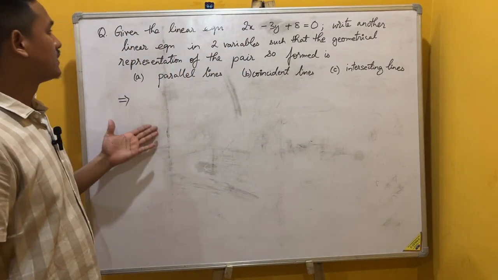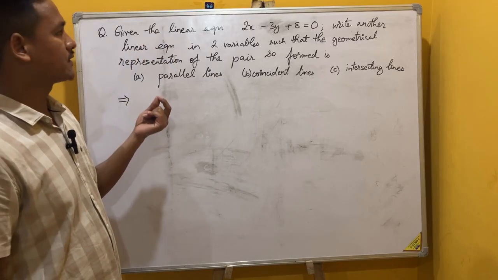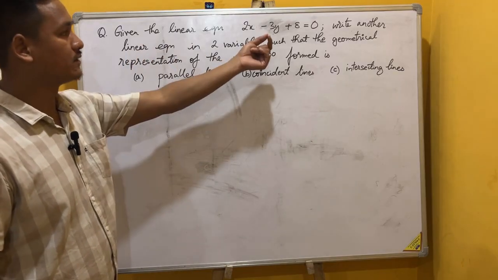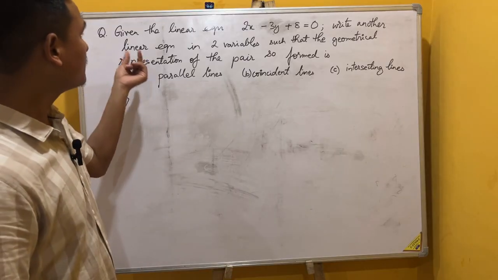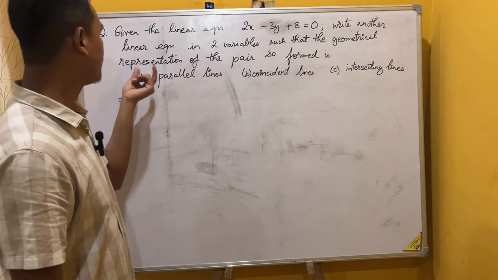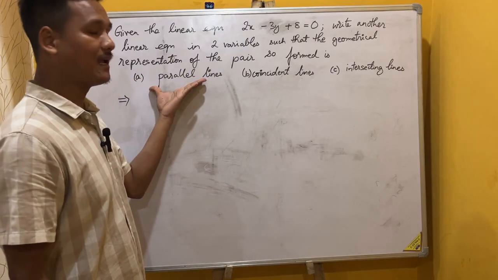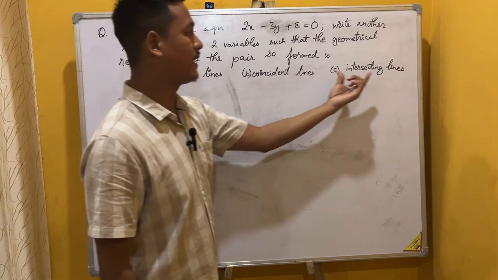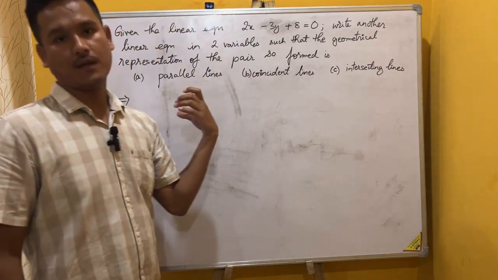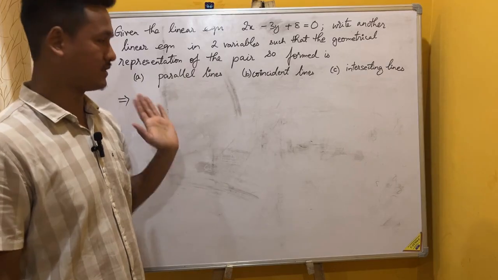Okay, now we will solve this question. It says, given the linear equation 2x minus 3y plus 8 equals 0, write another linear equation in two variables such that the geometrical representation of the pair so formed is parallel lines, coincident lines, and intersecting lines. In fact, we'll have to write three different equations.